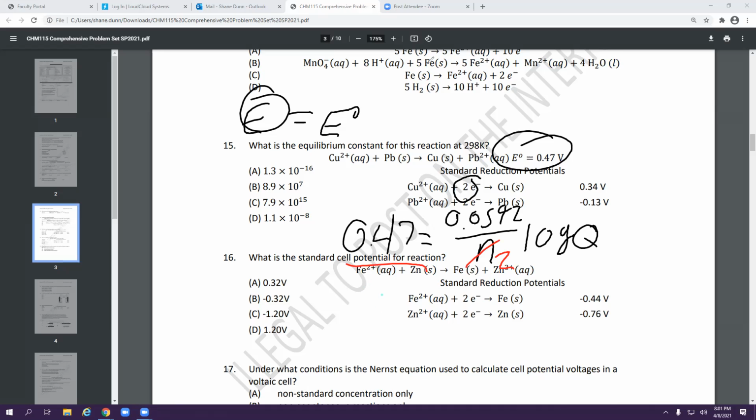I got 0.0296. Is that what you guys got too? Which gives you 7? I got 15.9. Okay, so log of K or Q is equal to this.